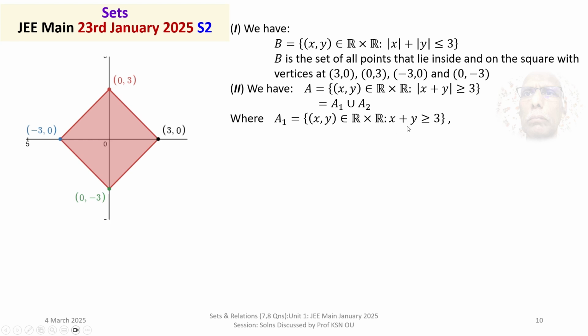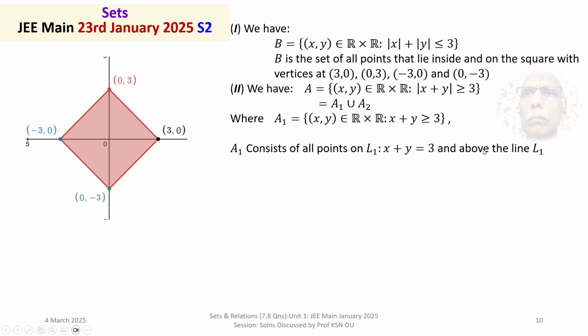A1 represents the set of all points that lie on this line, x plus y is equal to 3, and above, all points that lie above this line. So A1 consists of all points on L1, x plus y is equal to 3, and above the line L1.